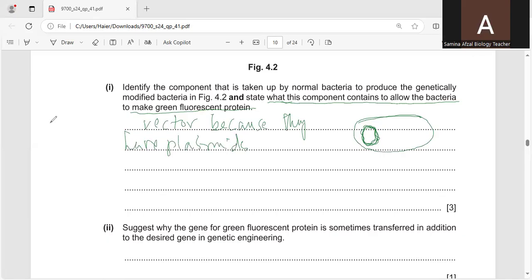What are plasmids? Plasmids are circular DNA.